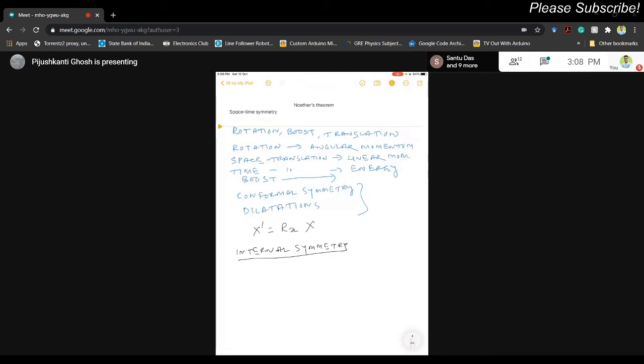I gave the example R_z, so maybe I will write it R_z x, using my notation. So here the transformation of the coordinates are related.